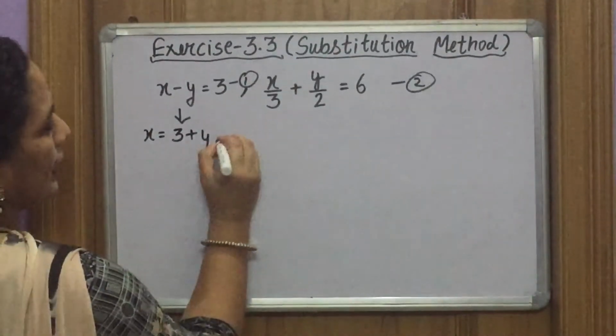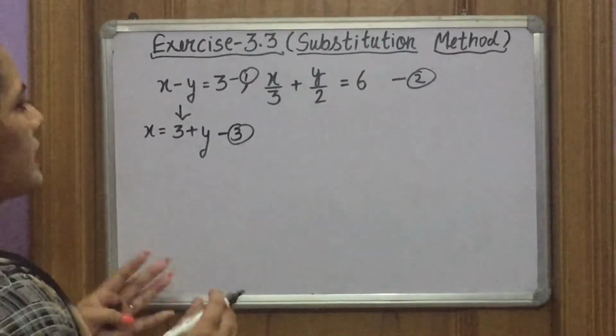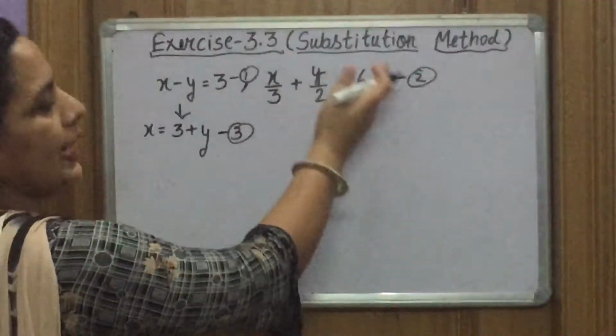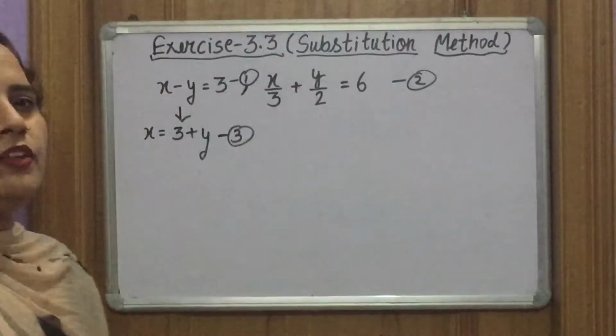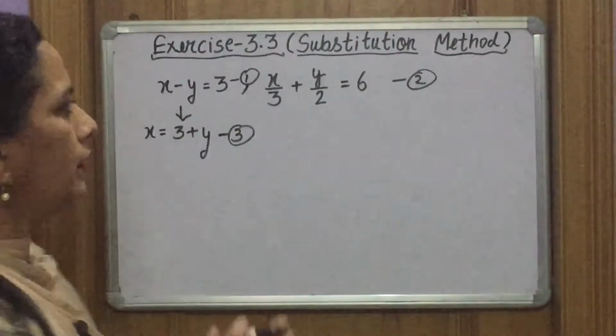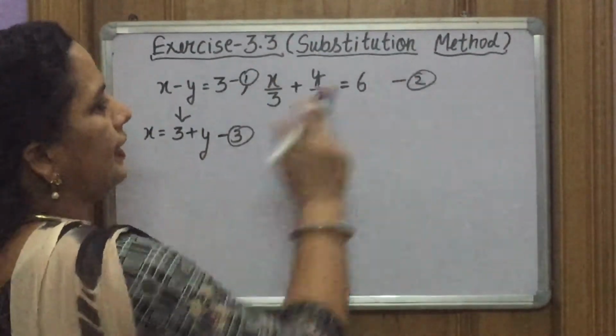So we can suppose this is equation number third and then substitute this value in the next equation. I'm repeating, find out the value of any variable from the first equation and put the value in the second equation.